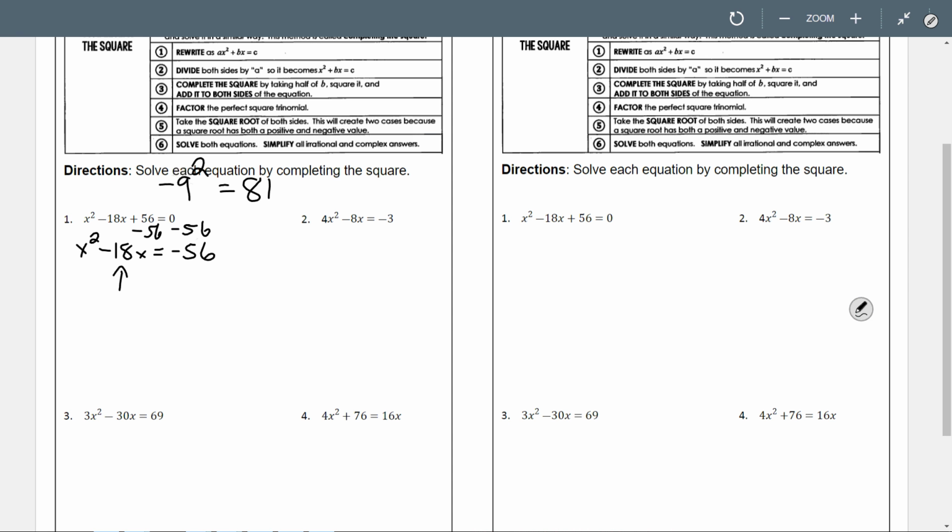So we took half of b, which is 9, squared it, got 81, and now we add it to both sides of the equation. So it becomes x squared minus 18x plus 81 equals, what is negative 56 plus 81? You can do that in a calculator real quick. Negative 56 plus 81 is 25.